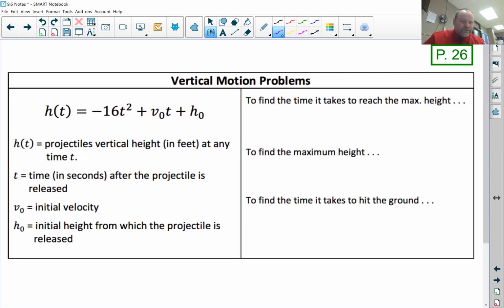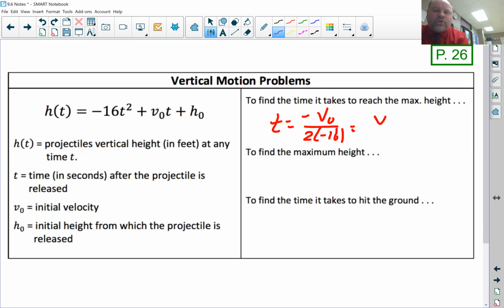And we described what each of those things mean. And we talked about how long it takes to reach the maximum height. And if you remember, that was the opposite of v sub 0 divided by 2 times -16. Or if you simplified that a little bit, the negatives would cancel. You get v sub 0 divided by 32.